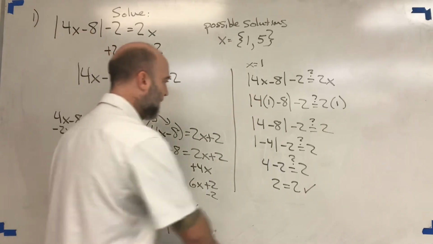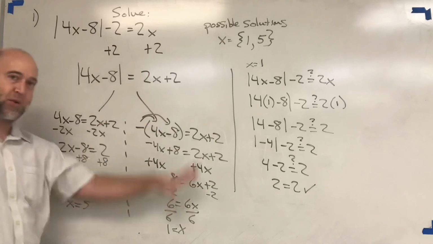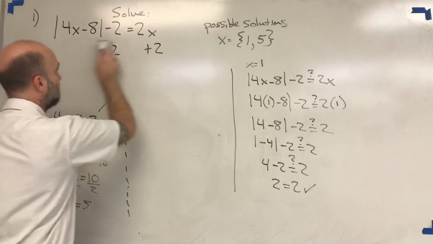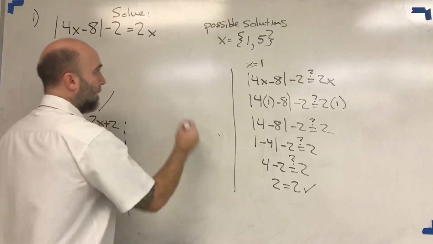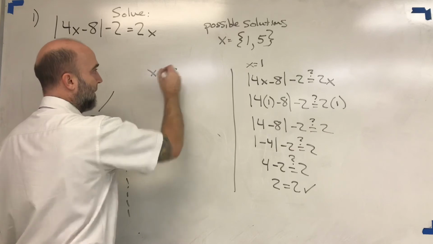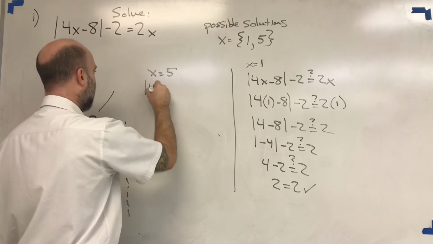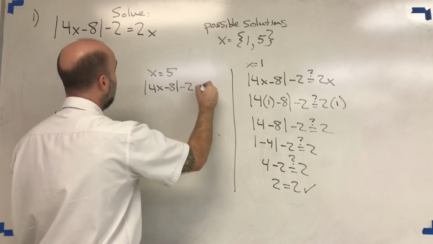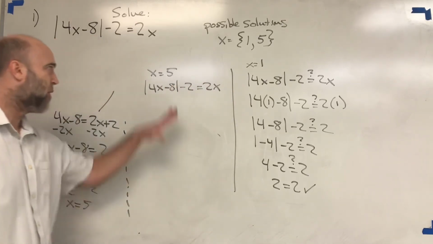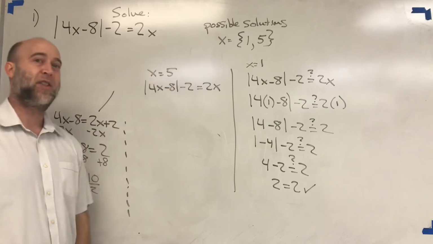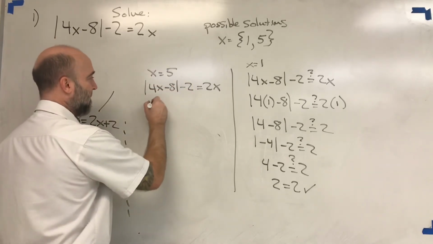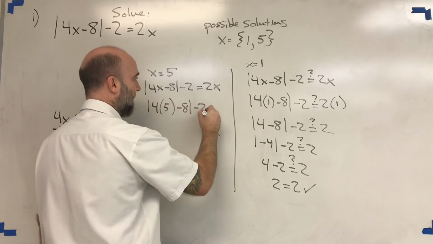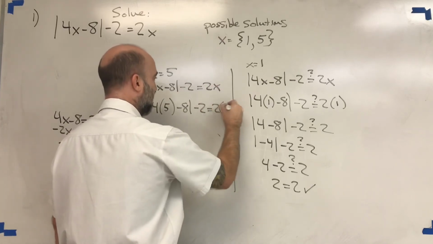I'll go ahead and check the 5 now. And when x equals 5, I have the absolute value of 4x minus 8, minus 2 equals 2x. It's always nice to write the problem over. You're less likely to make mistakes if you have everything laid out for you clearly. So this now becomes the absolute value of 4 times 5 minus 8, minus 2 equals 2(5). 5 is our x.